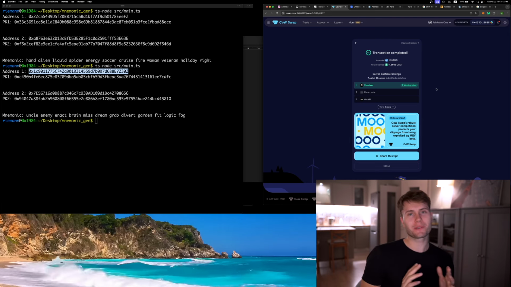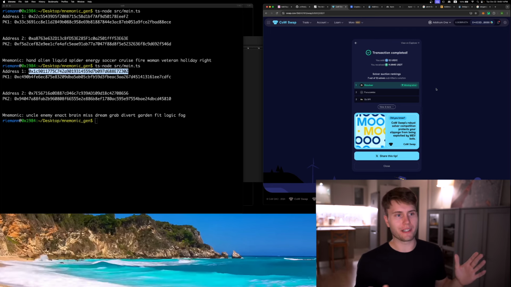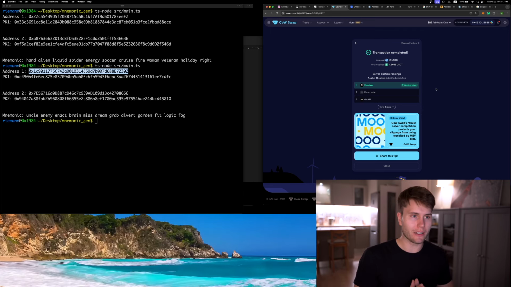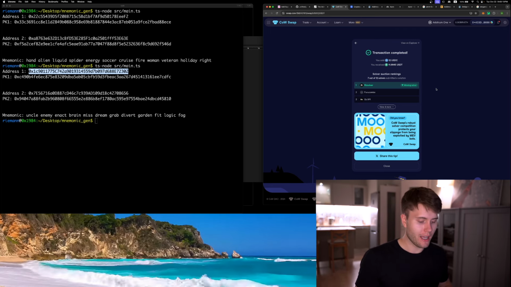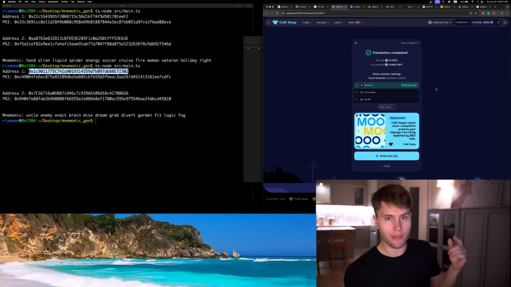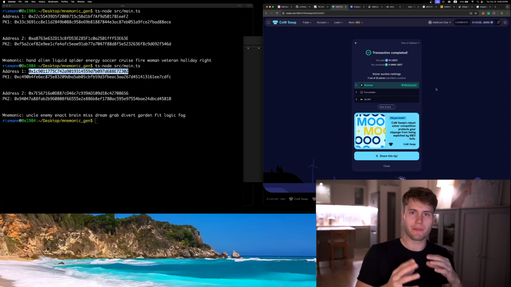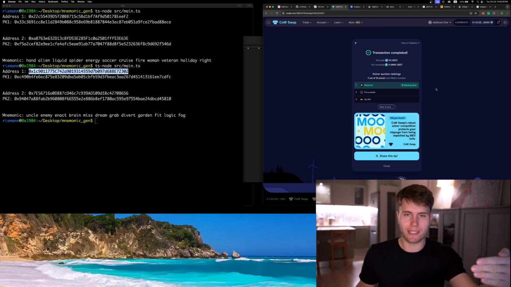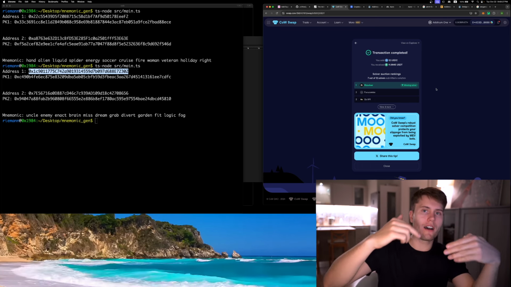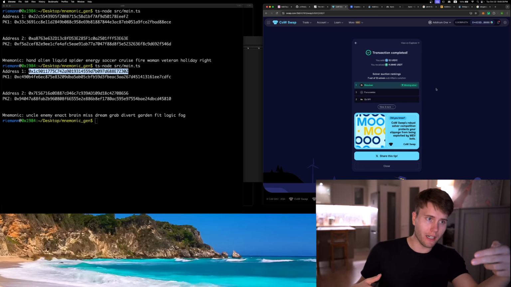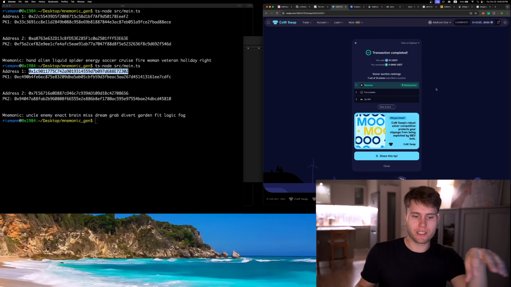CowSwap's cool because it also protects you from this thing called miner extractable value, or maximal extractable value. People on Ethereum have this concept of the mempool. When you submit a transaction, that transaction is not immediately included in the block, so everyone can see that you're submitting a transaction.